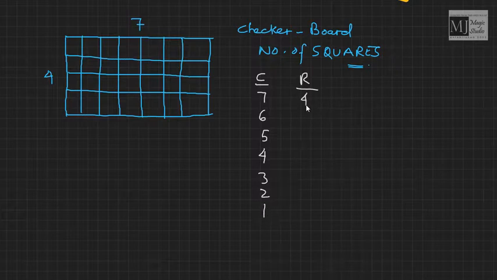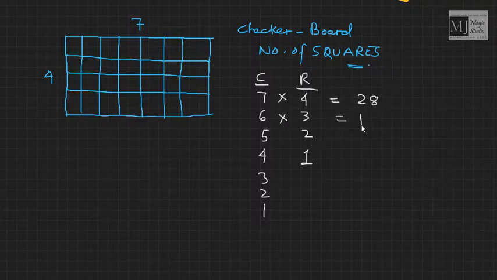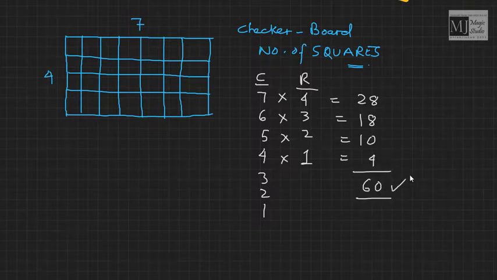Rows 4, 3, 2, 1. Wonderful. 7 into 4, 28. 6 into 3, 18. 5 into 2, 10. 4 into 1, 4. 28 plus 18 is 46, plus 10 is 56, plus 4 is 60. Bingo. Wonderful.